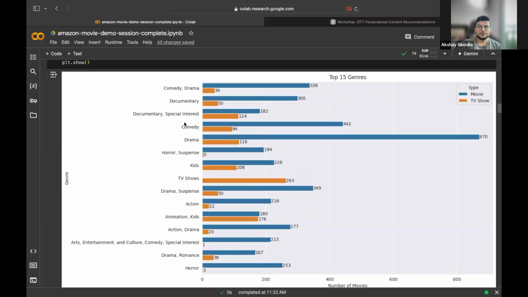But for the rest, whenever there are multiple genres combined in one entry, we are going to split them up so that we can see separately how many comedy, drama, documentary, and special interest titles there are, instead of being combined into one category.